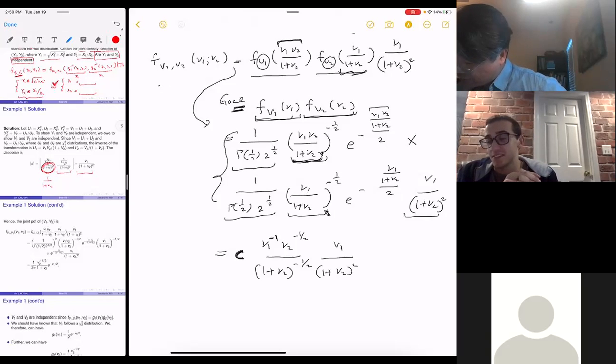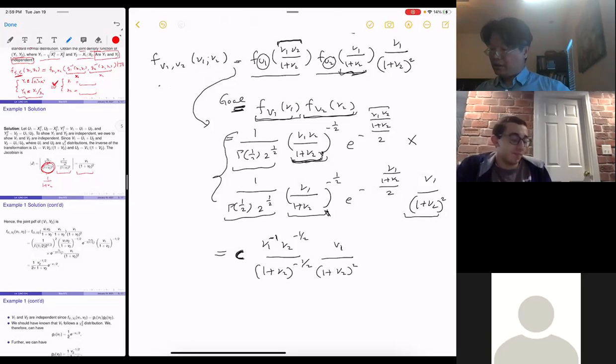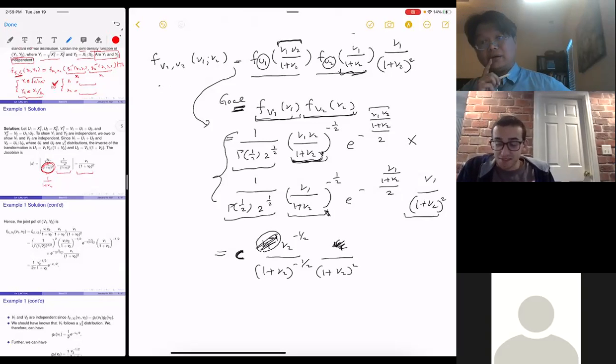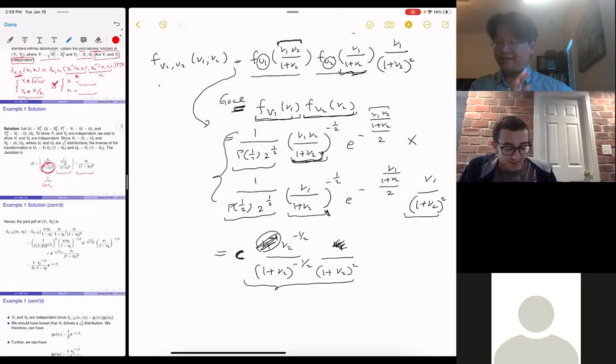Okay, then good thing happens. You know what? This guy V1, this guy V1 inverse cancel out. So it means the remaining terms don't have a V1. That's exactly what you're looking for. Okay, that means only a function of V2, right? Good. And then, of course, you can further simplify right here in the denominator. We can leave it there.